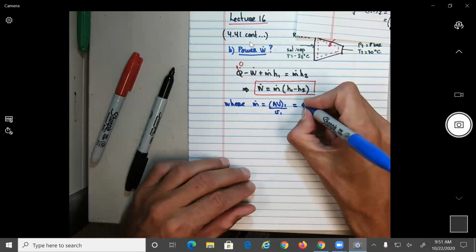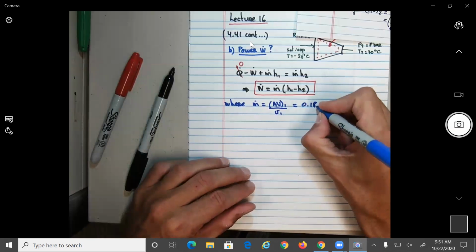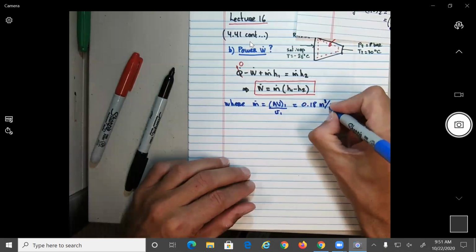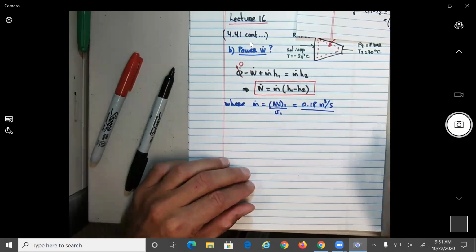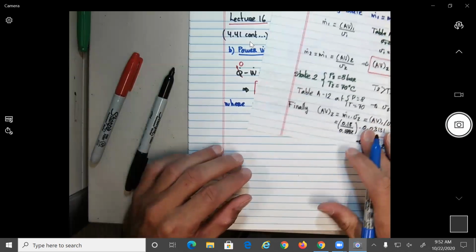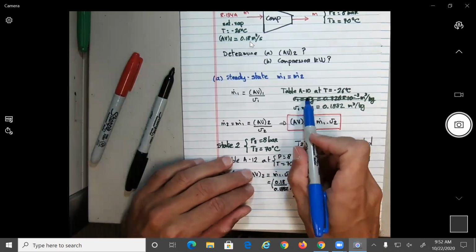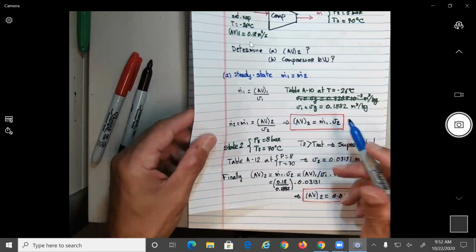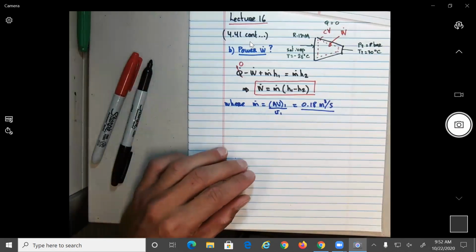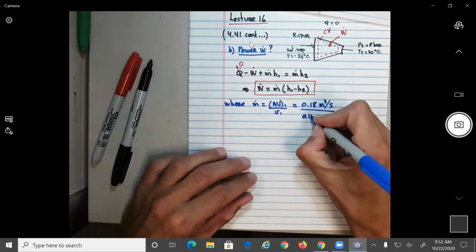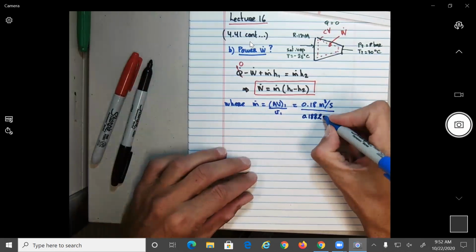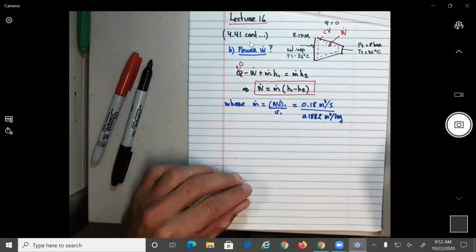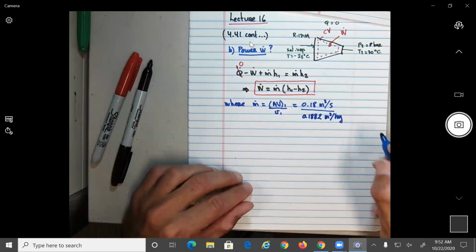AV1 is equal to 0.18 cubic meters per second. And v1 was found from table 810E to be equal to 0.1882 cubic meters per kilogram.